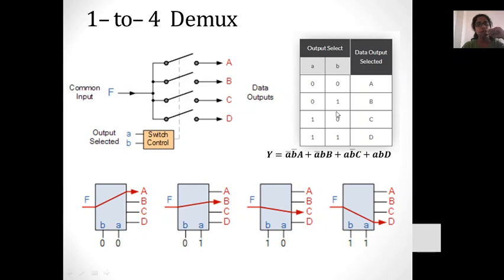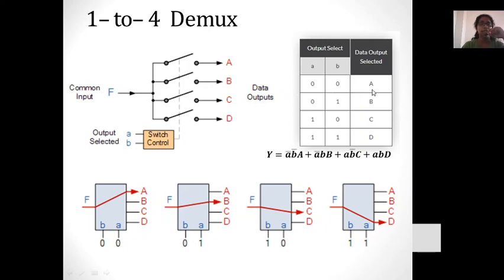So you just look at this table. I wrote here as output select. This can be control signals also. So A and B, these are control signals. Let's see the first condition, 0 and 0. So what is the data selected?